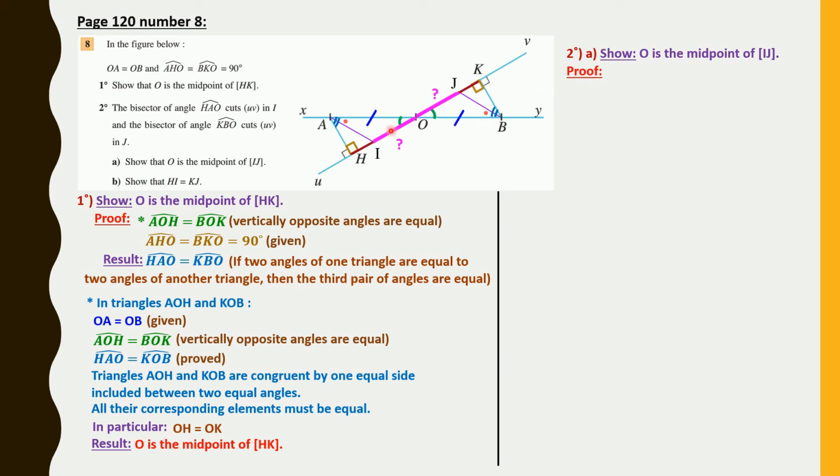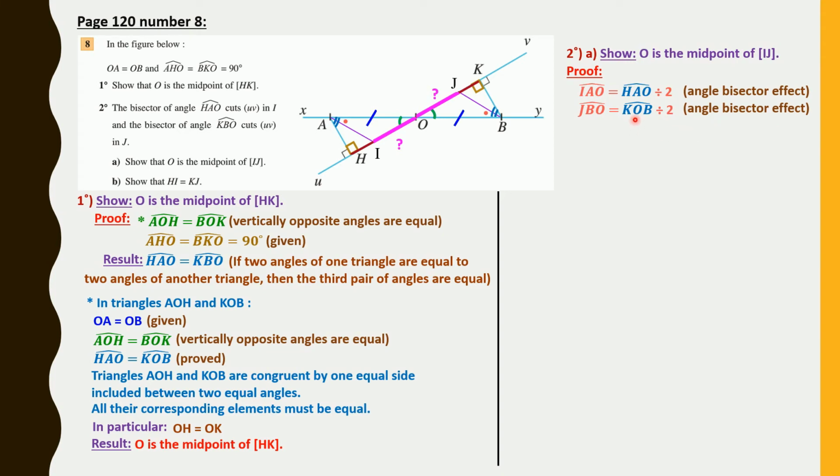So let's write these two equations. Angle IAO equals angle HAO divided by 2, angle bisector effect, and angle JBO is equal to angle KBO divided by 2, angle bisector effect.